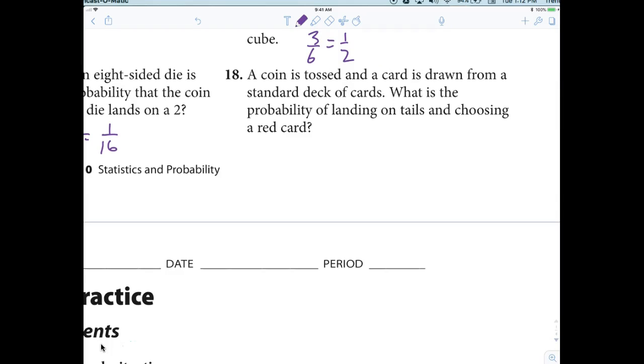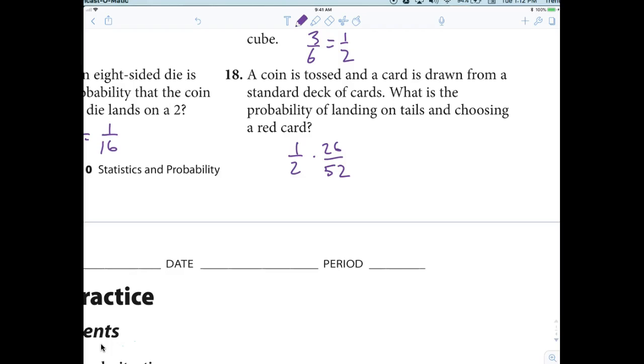A coin is tossed. What's the probability of landing on tails? 1/2. What's the probability of getting a red card? 1/2. I know, but I prefer that you say 26 out of 52. On a test, if you want to put 1/2, I don't care.